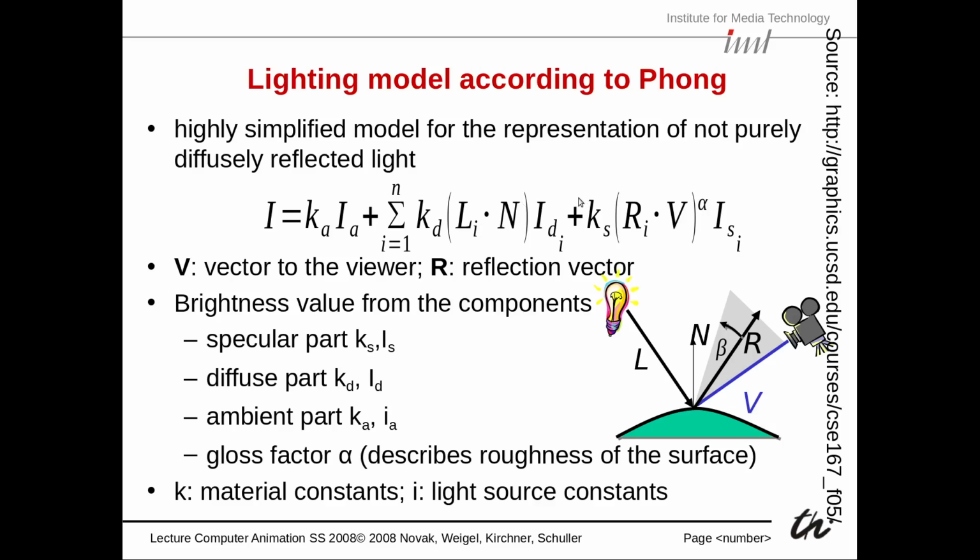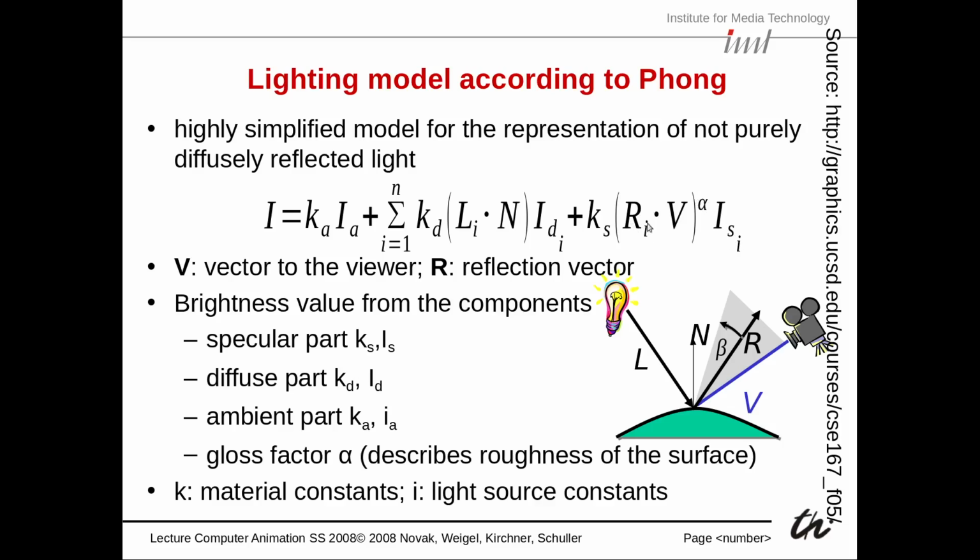So here we can see, the diffuse part is like Lambert. Then we have the specular part, the shiny part, which is the K_S and I_S.